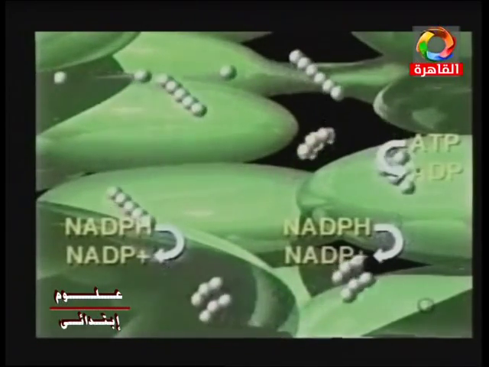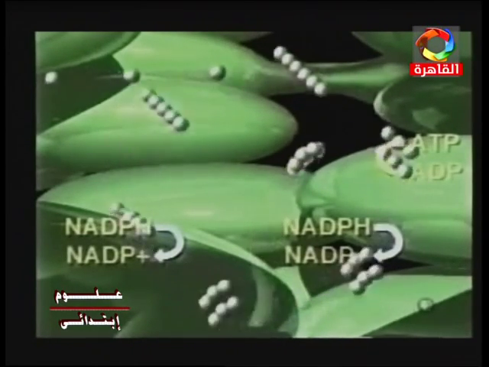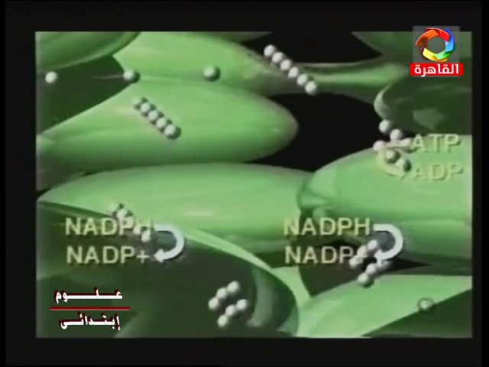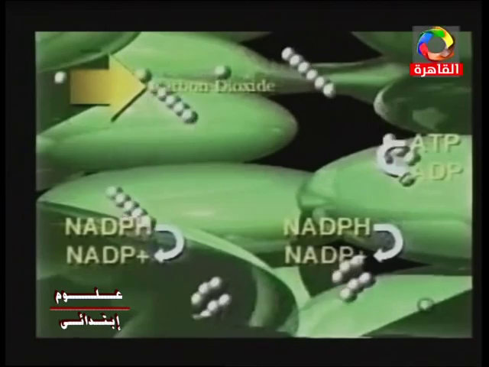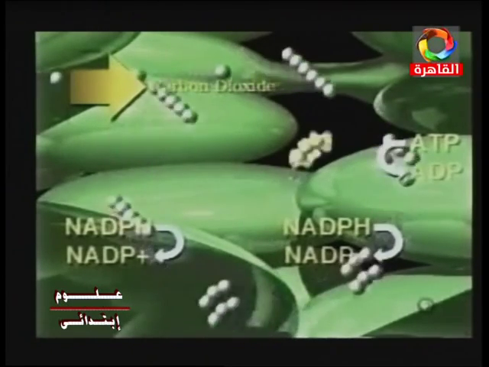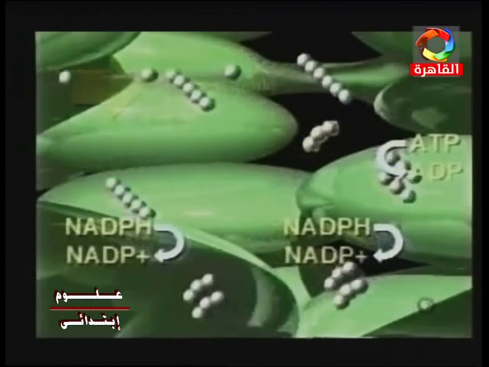So during the photosynthesis process, the plant makes oxygen. Why? Because the oxygen will be free from carbon dioxide. It is the source of oxygen here, and from water also. Why?